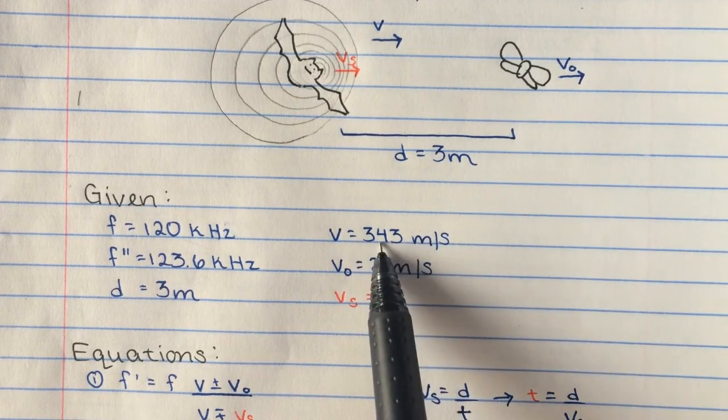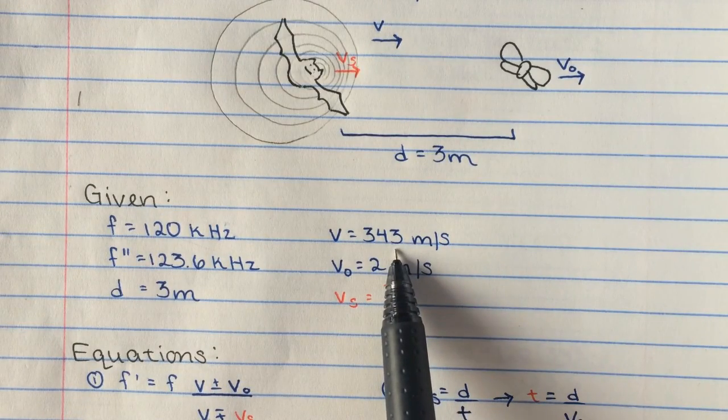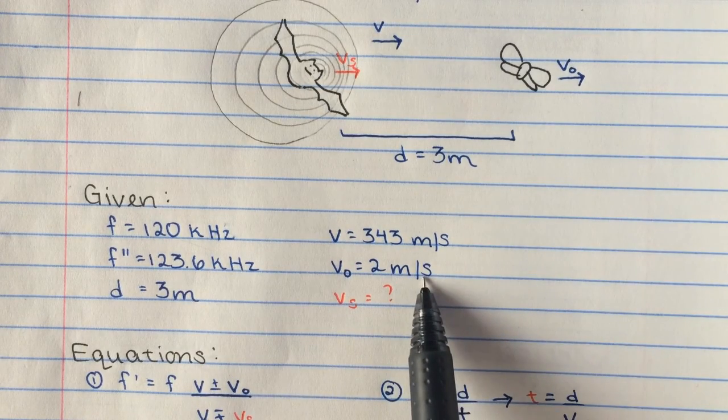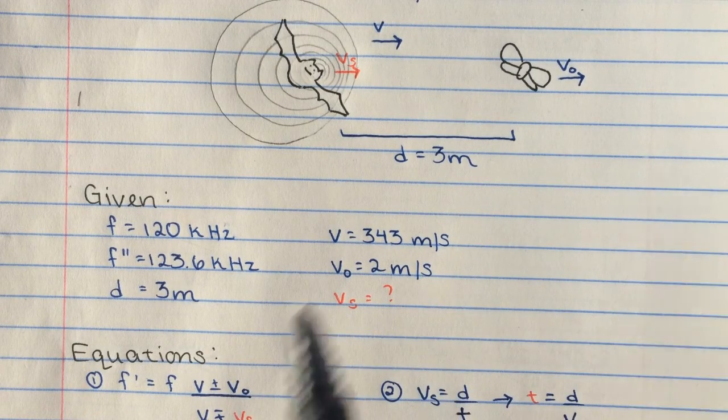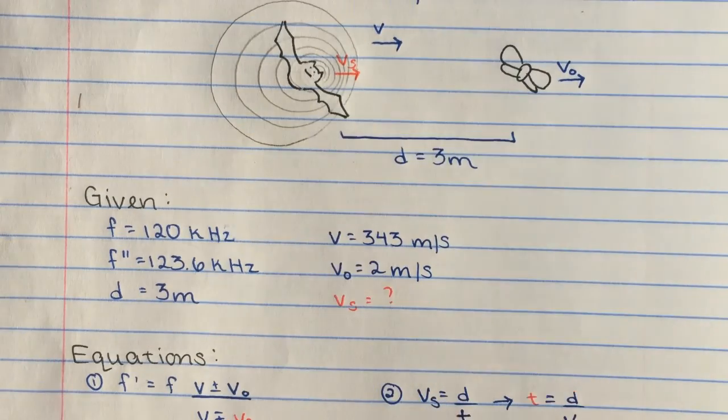The speed of sound is 343 meters per second, and the speed of the moth is 2 meters per second. The only unknown value is the speed of the bat, and by finding the speed of the bat, we should be able to find the time it takes for the bat to reach the moth, 3 meters away.